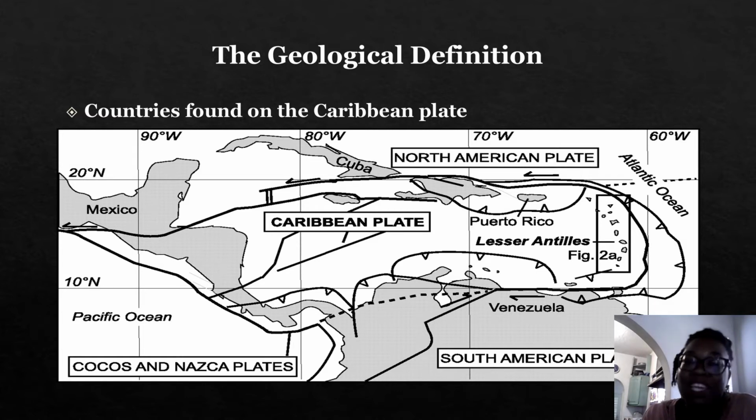But let me not stray. The geological definition of the term Caribbean defines the Caribbean based on formation, and specifically it identifies only those Caribbean countries that fall on the Caribbean plate as actually Caribbean.